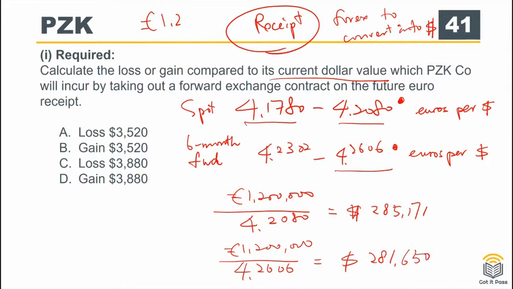So in other words, the forward exchange contract will give you a loss as compared to current value at spot rate. How much is the loss? Just the difference between these two numbers, so a loss of $3,520, which is A.